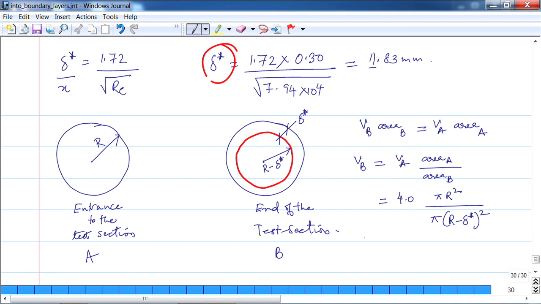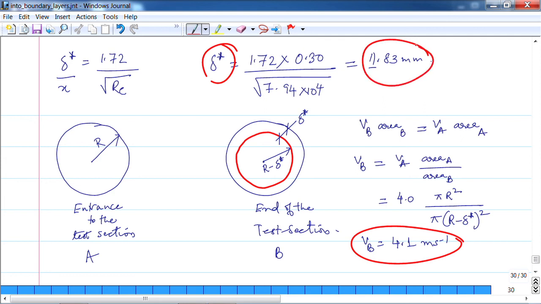So, using this, what I get as VB is essentially 4.1 meters per second. So, delta star is this value.